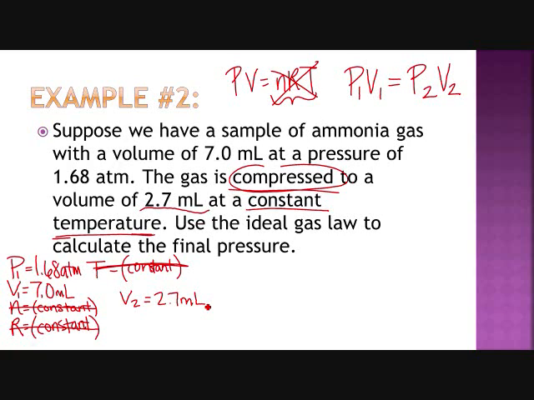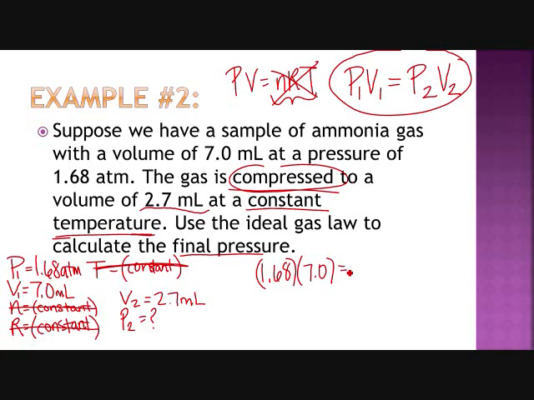You should get the same answer either way, but it would just be a little bit more work to do that. So then now we want to know the final pressure, which would be the P2, and so then we can use this to solve. Now, so we would have 1.68 times 7 is equal to P2 times 2.7.